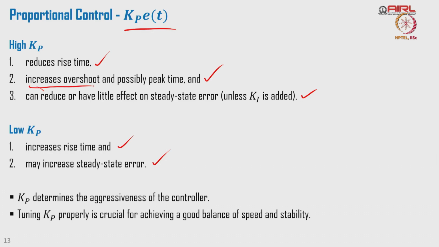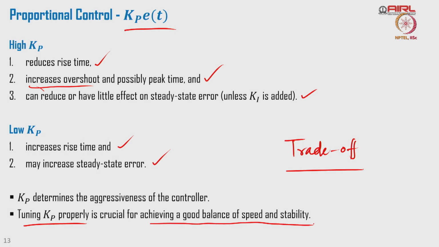So, there is what is called a trade off, right. If we increase Kp, there is a problem; if we reduce it too much, then there is a problem. So, what is required is tuning, right. By tuning we can achieve a good balance of speed and stability.